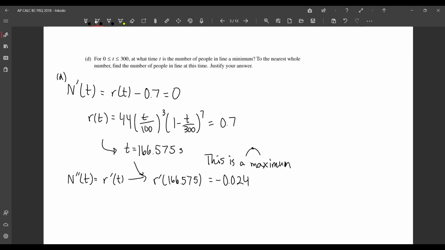Whenever you have a second derivative which is negative, that means that you're at a local maximum.